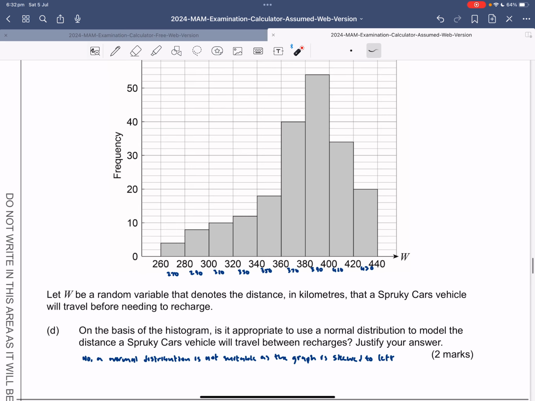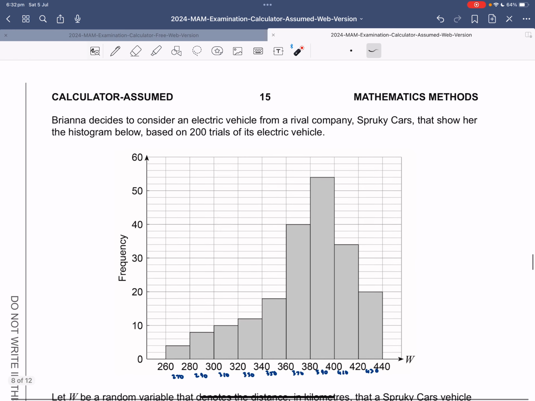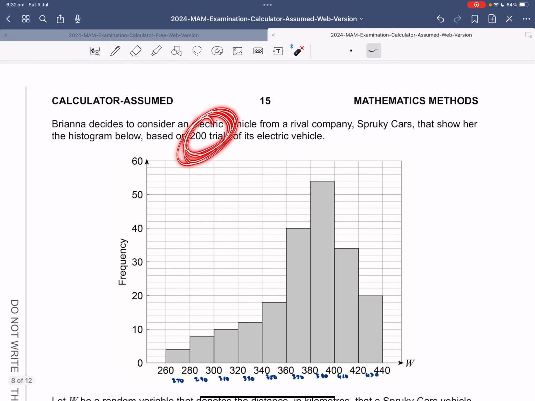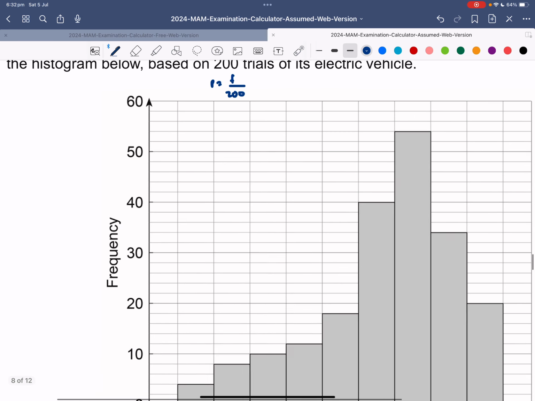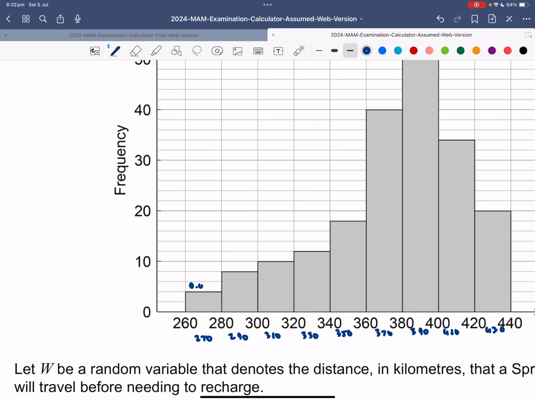Remember, these are frequencies. We need to change the frequency to probability. You can see it's based on 200 trials. So to get the probability, all we have to do is divide the frequency by 200. This one is 4, so 4 divided by 200 is 0.02.